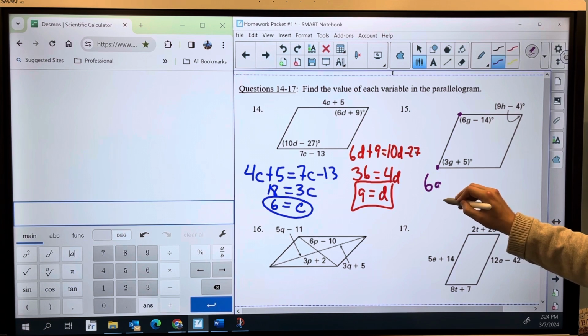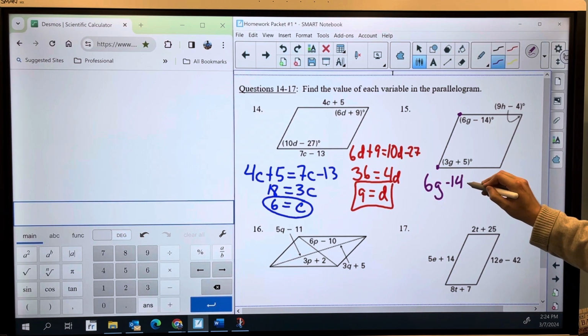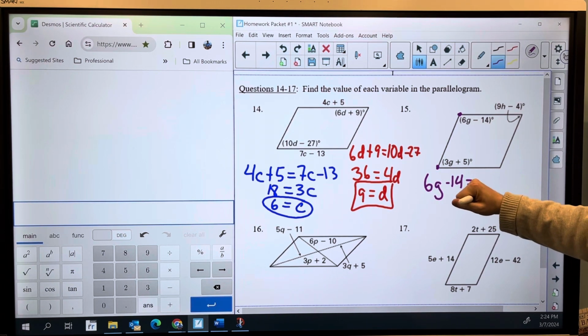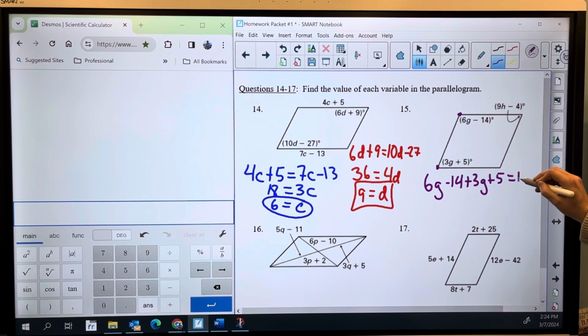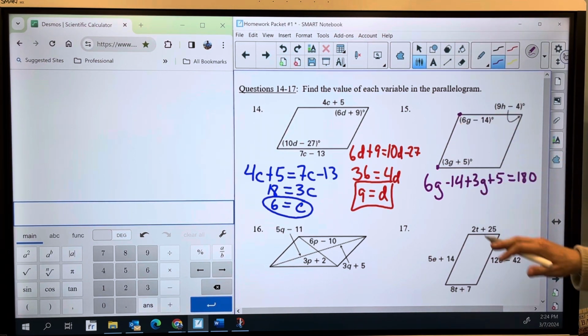So 6G minus 14, I'm saying equals, but that's not what supplementary means. Supplementary means I can add them together and they should equal 180. That's because they're consecutive angles, parallel lines, transversal, blah, blah, blah.